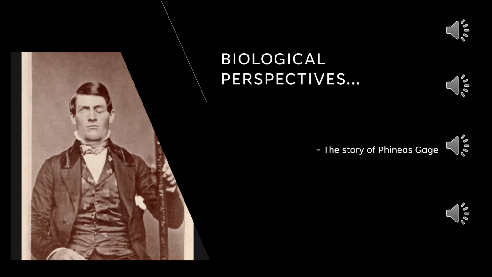And if we go back and talk about what Gage suffered after his injury, this all makes complete sense, right? The frontal lobe was damaged. Gage was being rude and disrespectful. He was unreliable, and this aligns with the functions that the frontal lobe carries out and the effects we see when it's damaged.